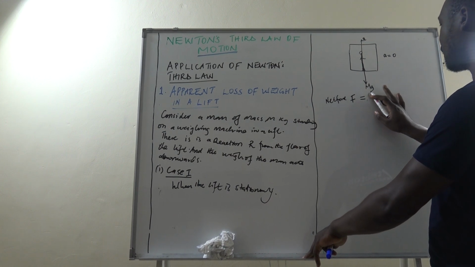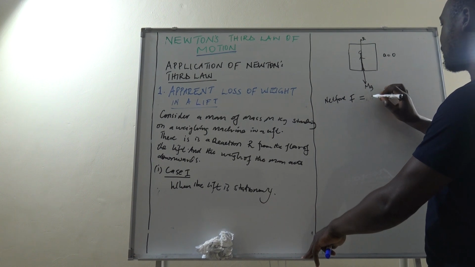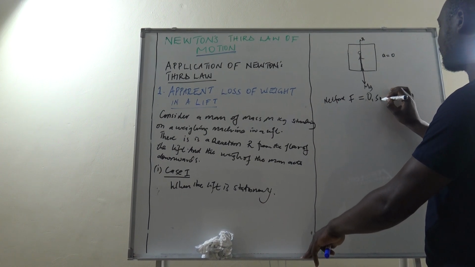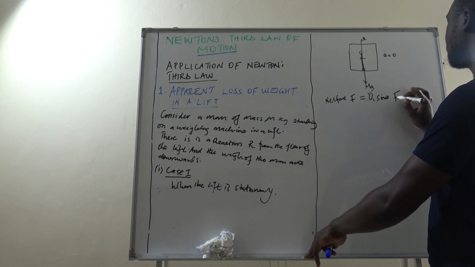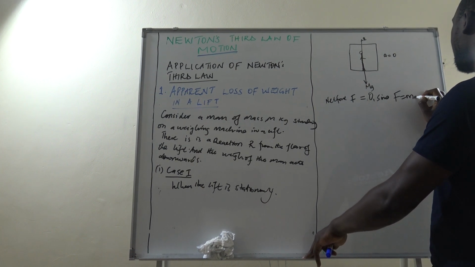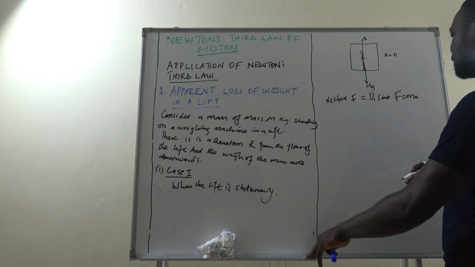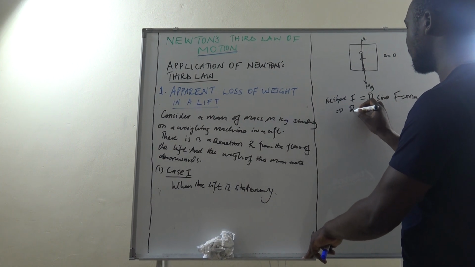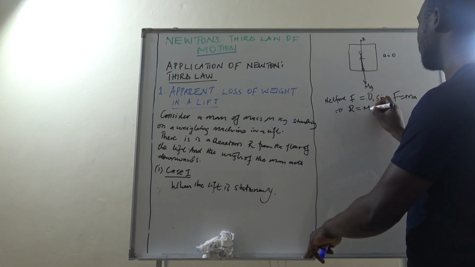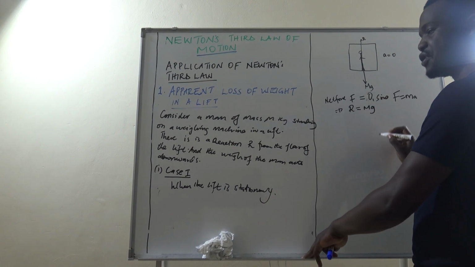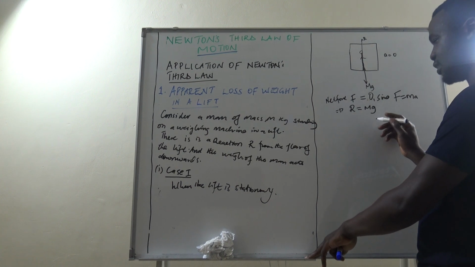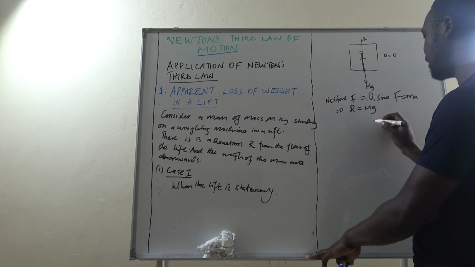The net force on this person in the lift is 0. Why? Since we know that from Newton's law, F is ma. So now if the net force is 0, this means that the reaction is equal to mg, where m is the mass of the man and g is the acceleration due to gravity.